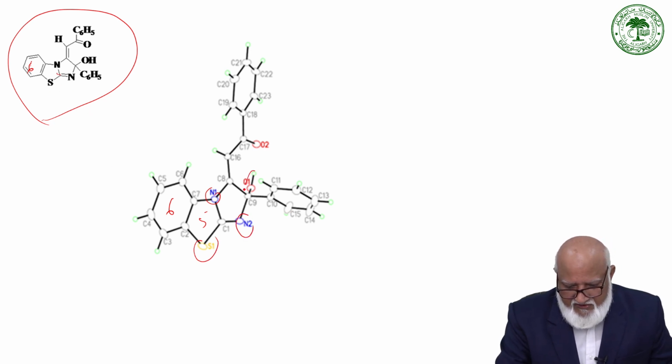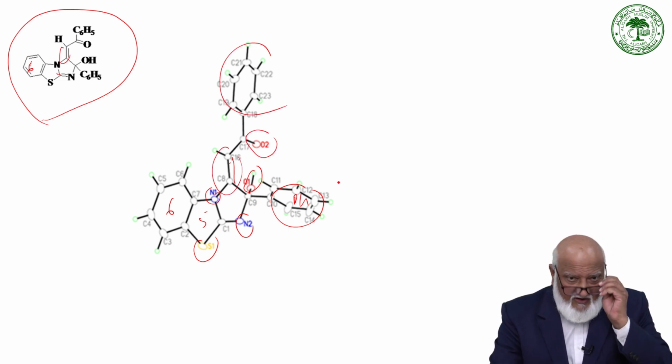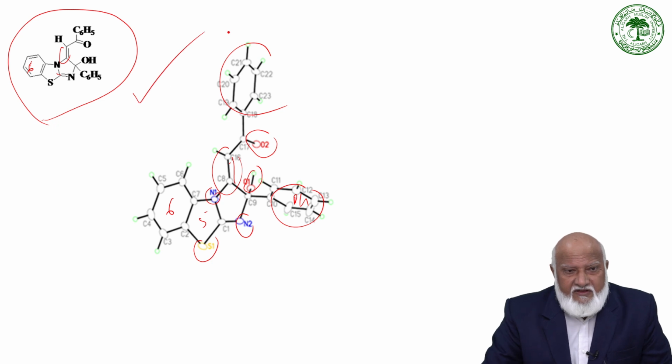This is an OH group over here, the phenyl group here, and then of course the ethylene linkage, and then the benzoyl group. So the structure of this cyclized product from 2-amino benzothiazole is well established by single crystal X-ray analysis.